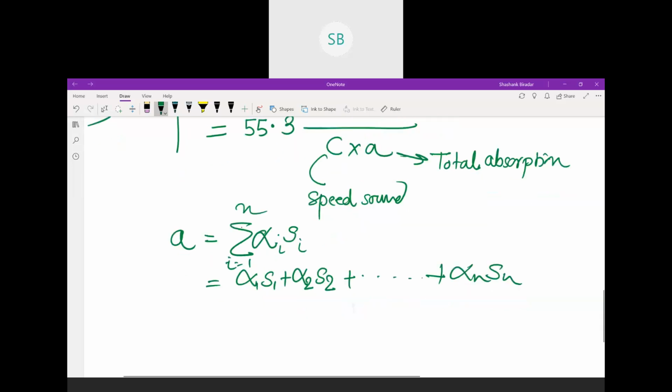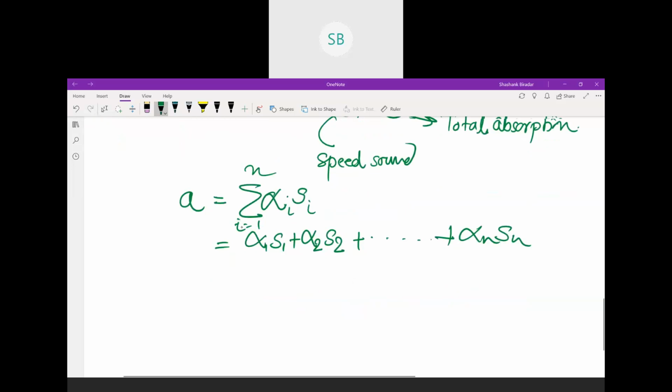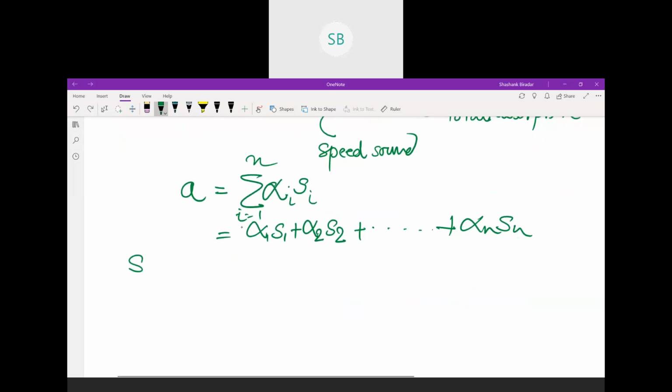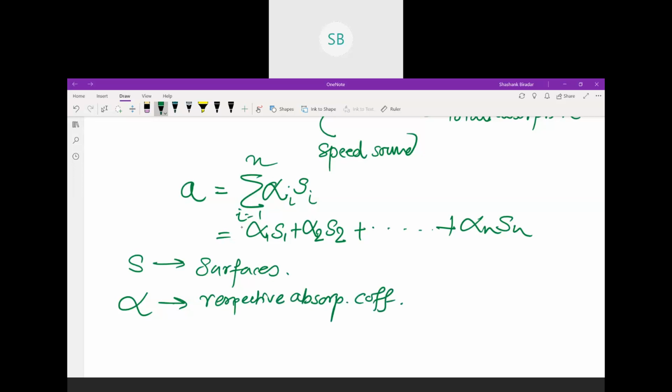S is the surfaces like walls, partitions, ceilings, the floor, the carpet, and so on. And alpha is the respective absorption coefficient.